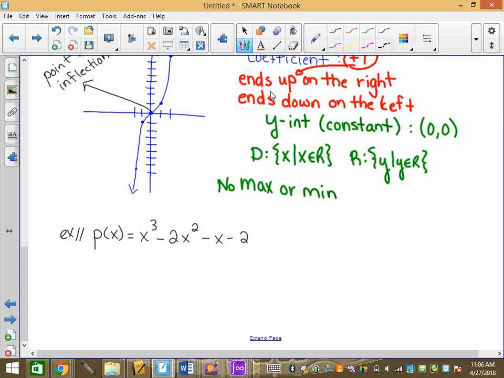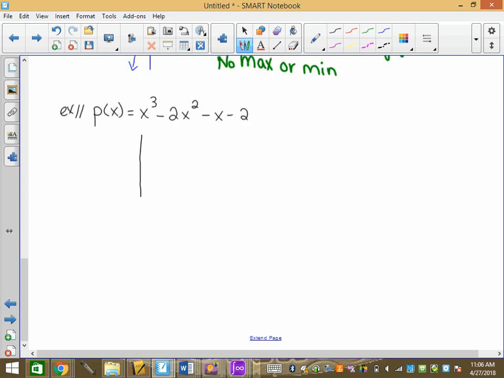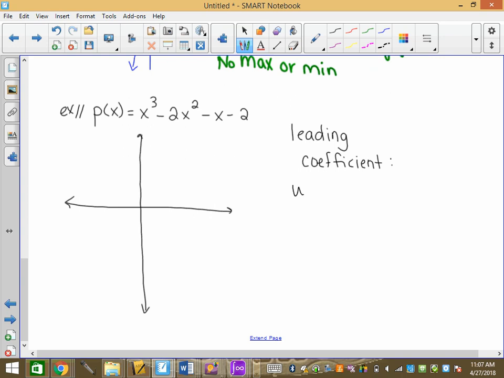I want you to sketch the graph. I want you to give me the leading coefficient. What does it mean?